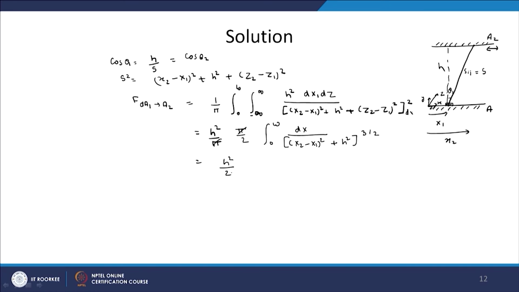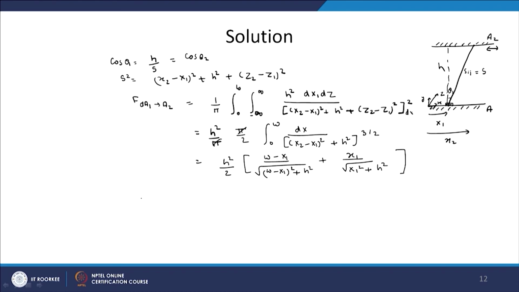We can use the integration rules by change of variables, and then this will be simply equal to (w minus x1) upon root of (w minus x1) square plus h square, plus x1 upon root of x1 square plus h square. So, this is the view factor between small area dA on surface 1 and the entire surface A2.